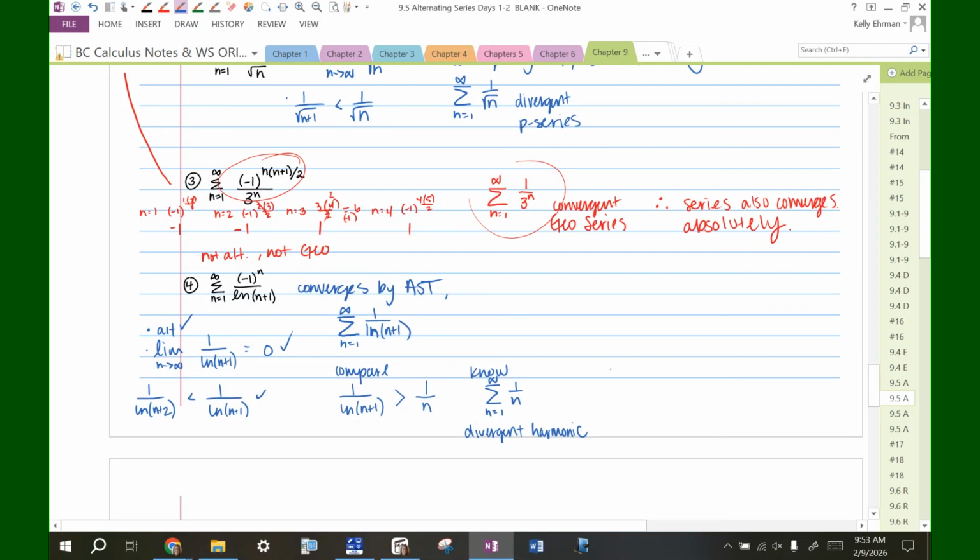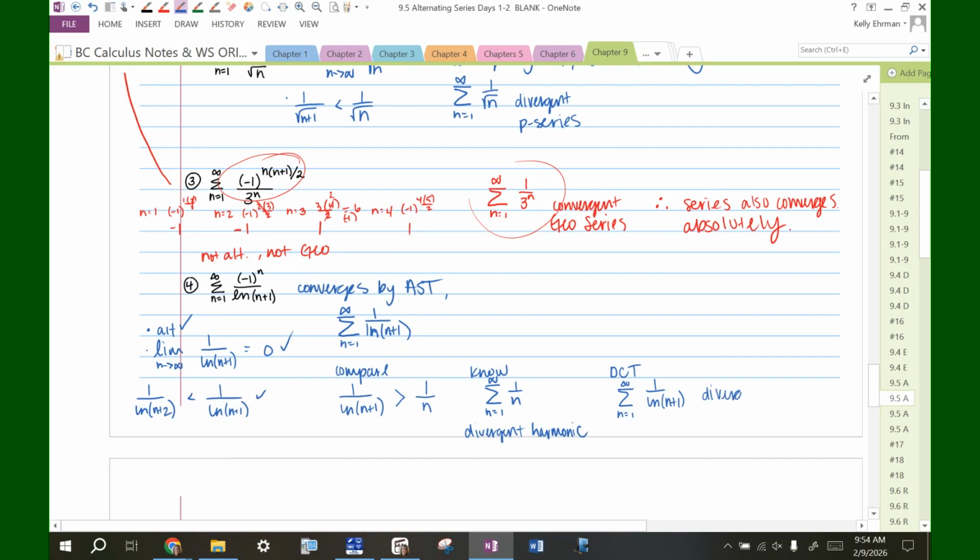So I can say by DCT that the series from 1 to infinity of 1 over ln of n plus 1 diverges as well. Diverges by DCT. I could have put n plus 1 here too, by the way. I just wanted to use a pure harmonic series.